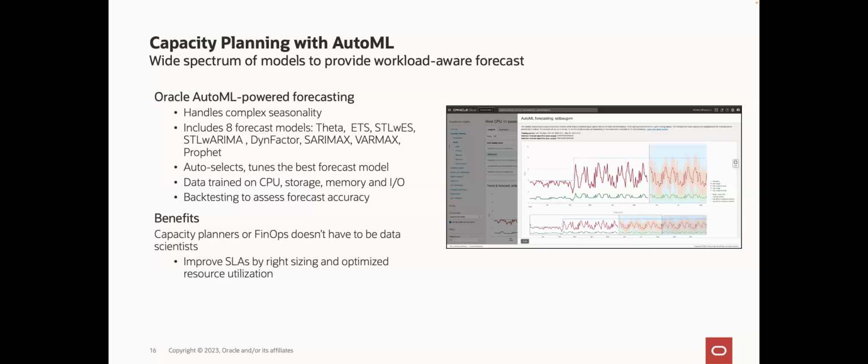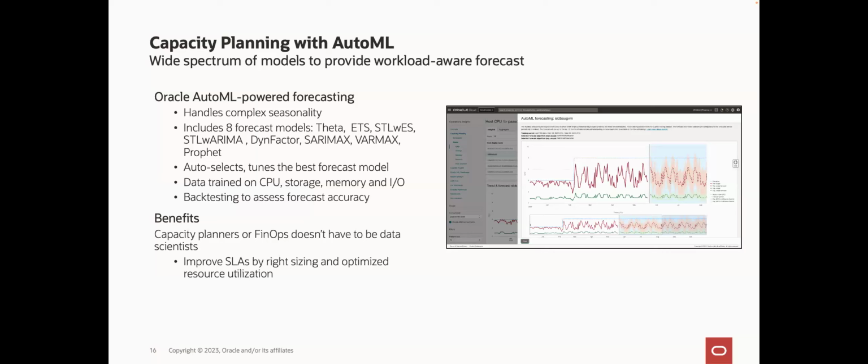This model helps fine-tune that historical data and do forecasting on top of it. Operations Insights AutoML forecast is available across databases, hosts, and Exadata resources. So you can do this for the capacity planning app, and you can also utilize it for Exadata Insights.